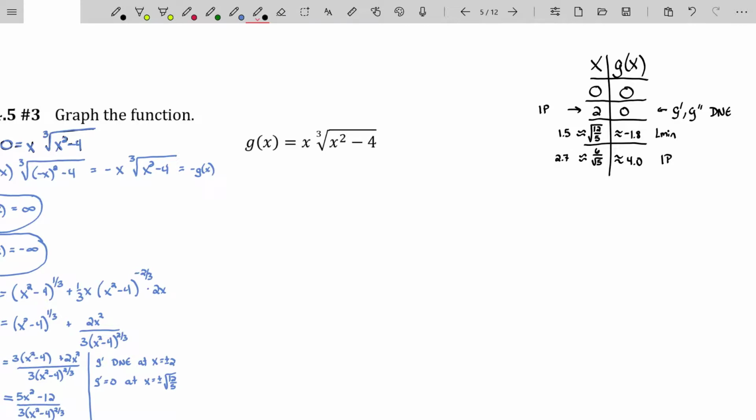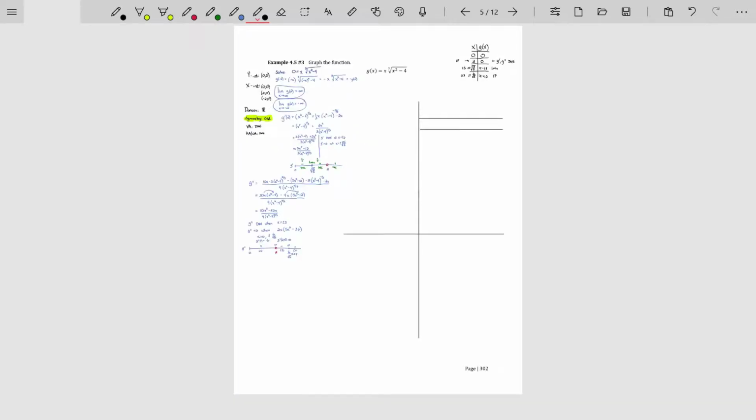I'm going to use the fact that it's odd. I'm only going to graph the right-hand side, and then I'll reflect that about the origin to get the left-hand side. Now I want you to see the setup that I use here. I graph a set of axes well below, and I'm actually graphing the full Cartesian axis there, both positive and negative x values, because that's eventually what I'm going to do.